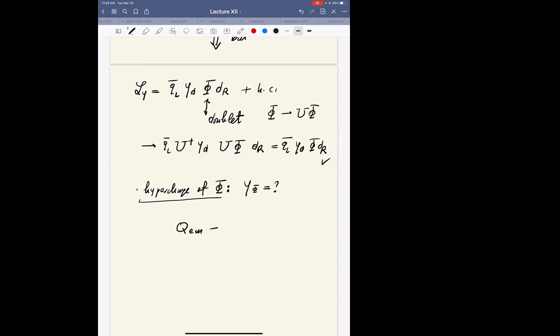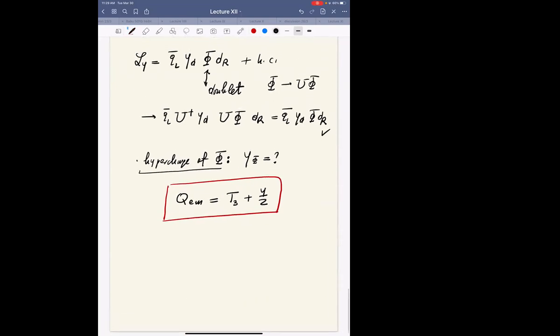Q electromagnetic is T3 plus Y over 2. This was the essence of the standard model of physics. So in other words, I know the hypercharge. Hypercharge is 2 Q electromagnetic minus T3.